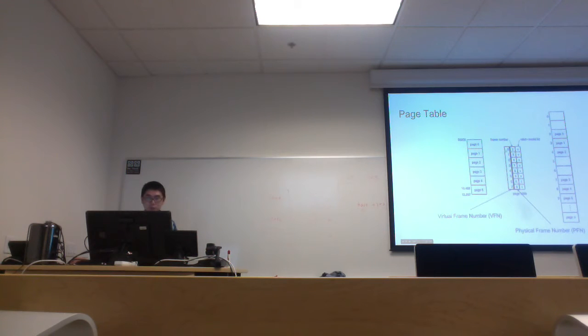The array index is the virtual page, and the array content is the physical page. The numbers of virtual pages and physical pages are frequently called virtual frame number and physical frame number, VFN and PFN. Here, for example, the first virtual page is mapped to the second physical page.